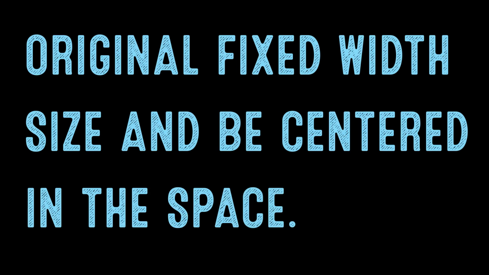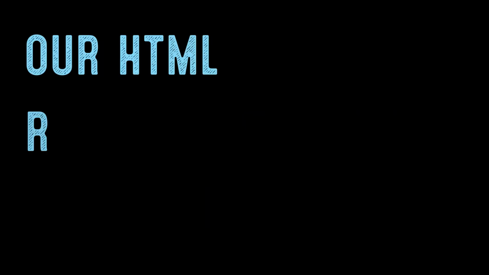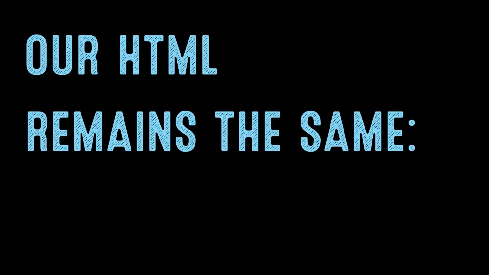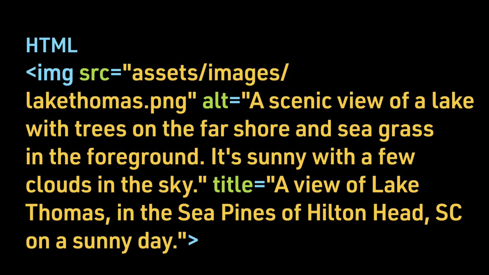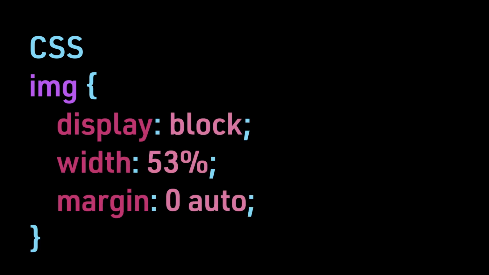What if we really want the image to display at the original fixed width size and be centered in the space? Our HTML again remains the same. In order to center the image, we must turn our image first into a block element. So we need to add a CSS rule for display and set it to block.